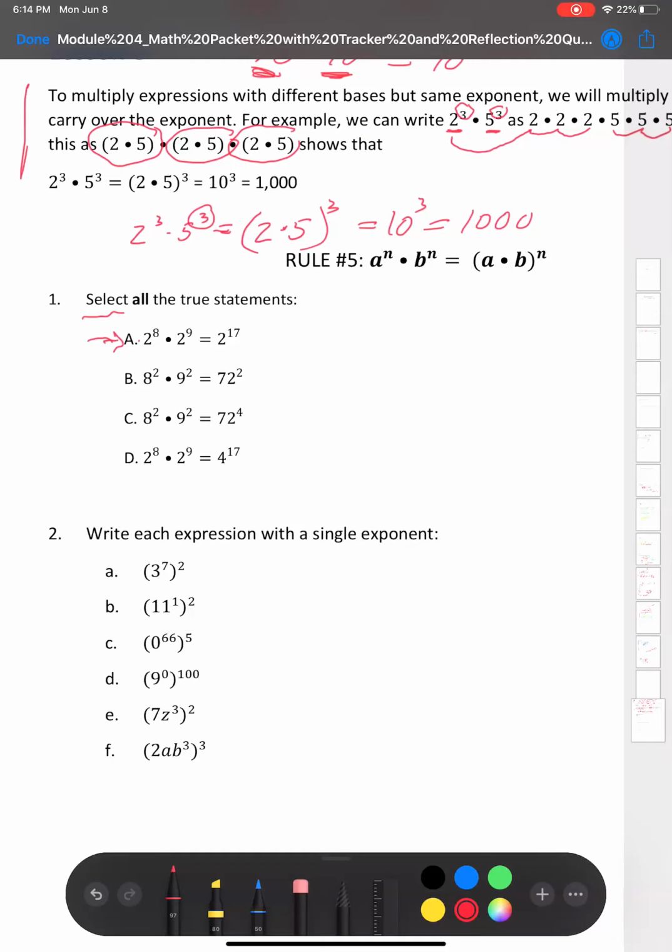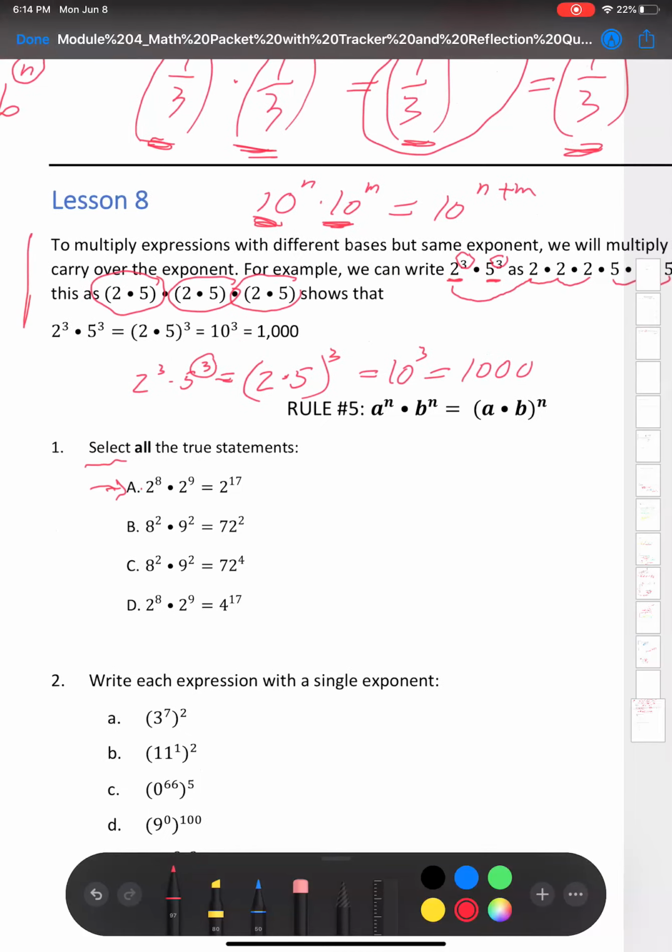So what are we dealing with? In this case we have the same base. Are we going to be applying this rule right here? No, we're not, because this rule, rule number 5, is dealing with when we have different bases. So we have the same bases here.